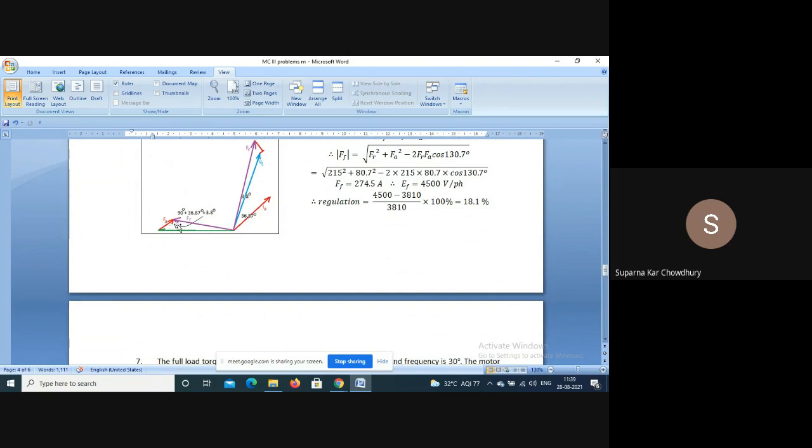So this angle is known. So FR is known, FA is known, and this angle is known, so we can calculate FF. FF will be the square root of FR square plus FA square minus twice FR FA cos of this angle.